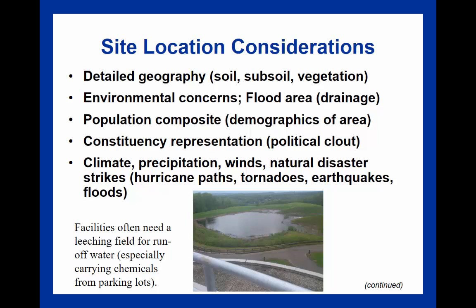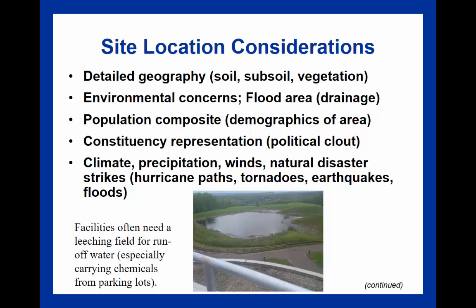And then, of course, from a general climate perspective, what is likely to occur in this geographic location? Are we dealing with the land potentially being in the path of tornadoes or hurricanes, or in a flood zone, et cetera, et cetera.